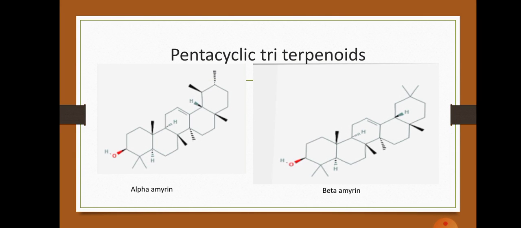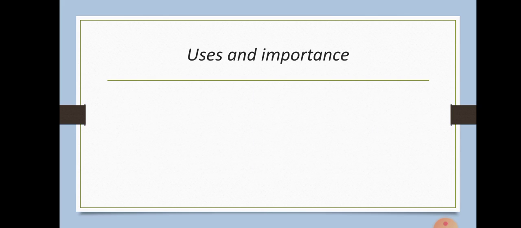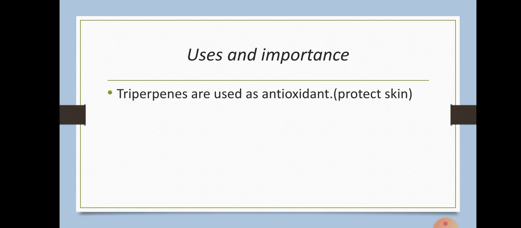The pentacyclic triterpenoids alpha amyrin and beta amyrin. Alpha amyrin and beta amyrin are precursors of ursolic acid, while beta amyrin is a precursor to oleanolic acid, which can be used by plants for different purposes, and it is found on the surface wax of tomato, which is a fruit.